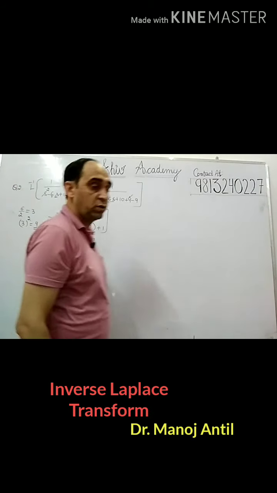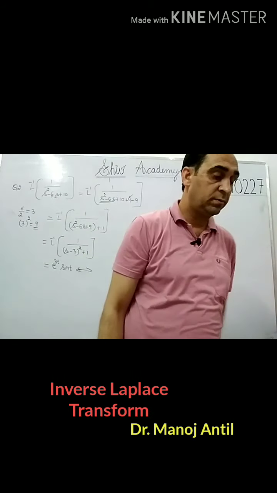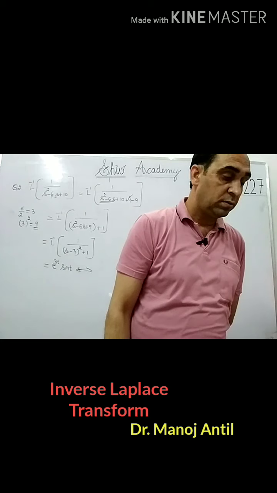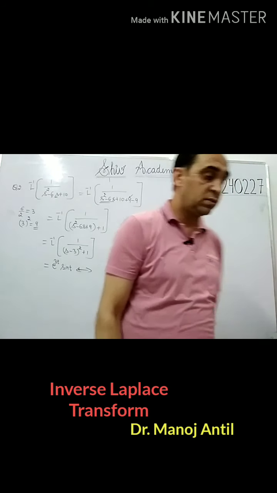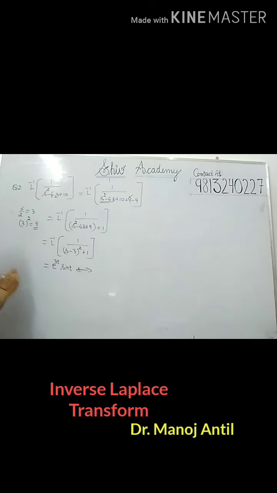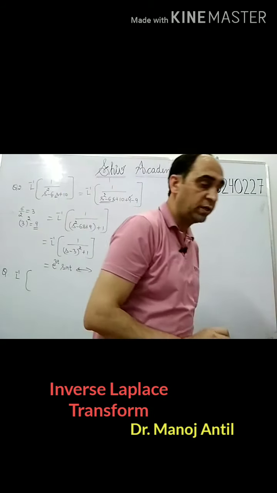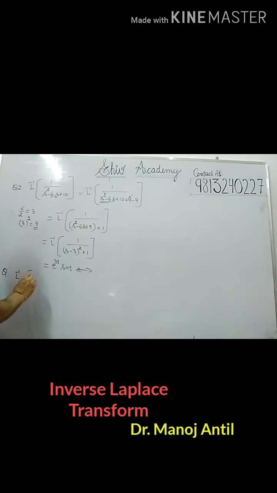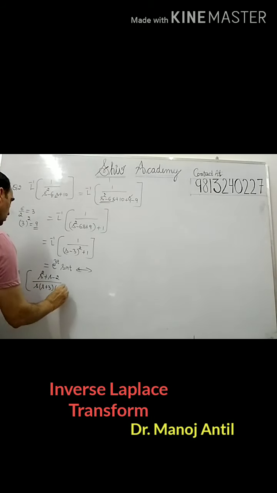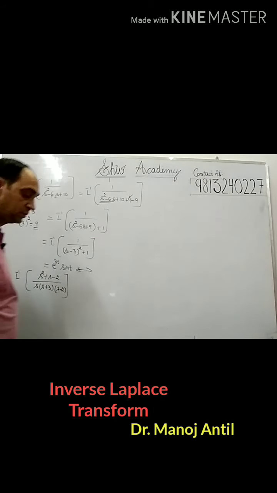Now come to the next part. I am taking this next question. You have to find L inverse of s square plus s minus 2 upon s into s plus 3 into s minus 2.